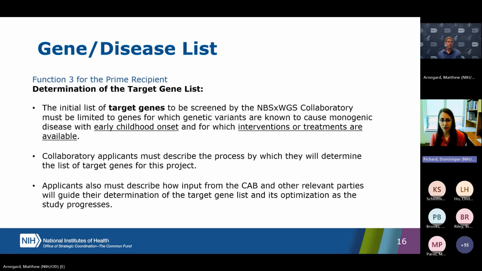The initial list of target genes to be screened will be limited to genes for which genetic variants are known to cause monogenetic diseases with early childhood onset and for which interventions or treatments are available. The final list will be developed with input from the Community Advisory Board, as well as other relevant parties, including the public health laboratories. All participants in the study will be screened for all conditions that are ultimately on the target gene list. Next slide, please.